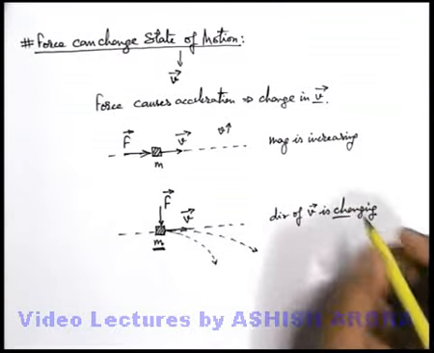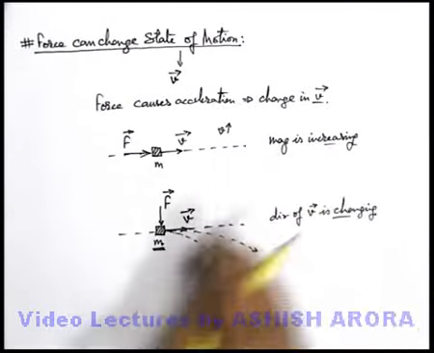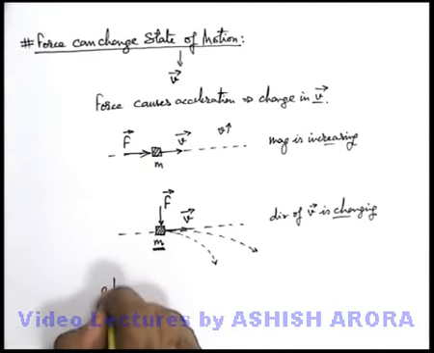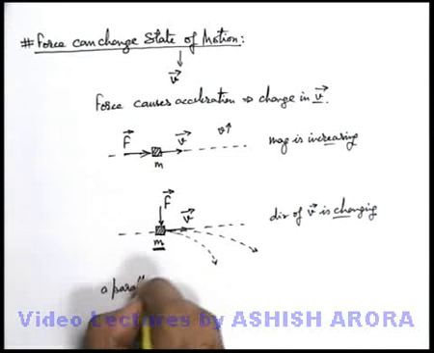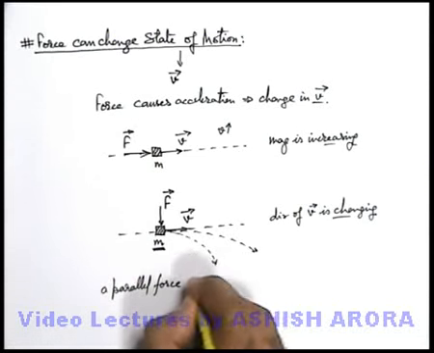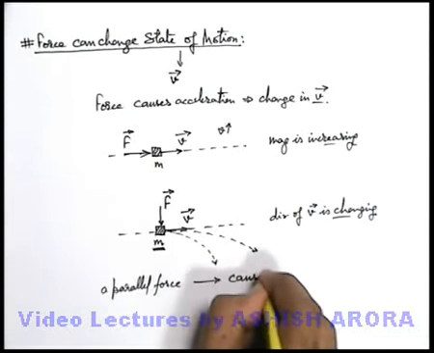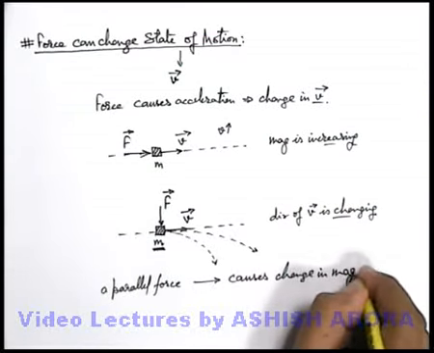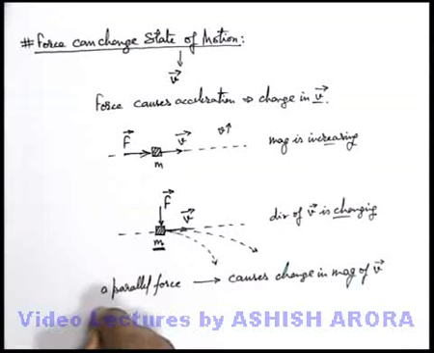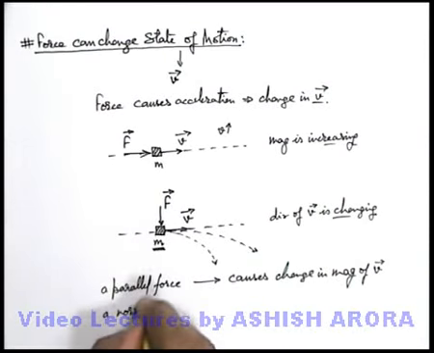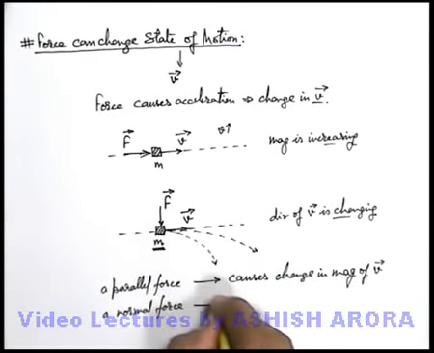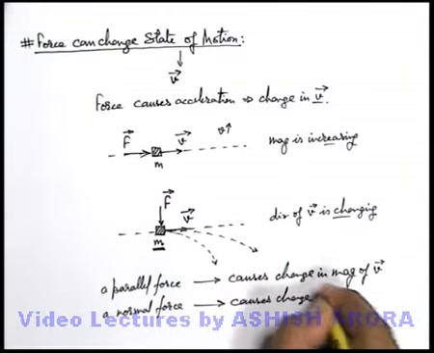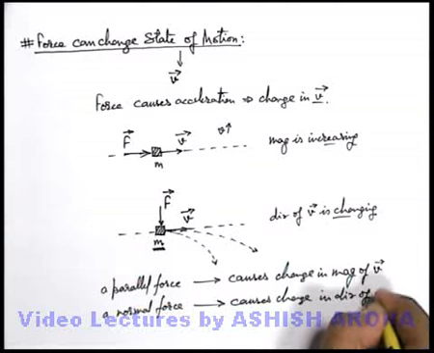So there are two effects which a force can cause in the state of motion of a body. A parallel force causes a change in the magnitude of velocity, and a normal force, applied perpendicular to the direction of motion, causes a change in the direction of the velocity vector.